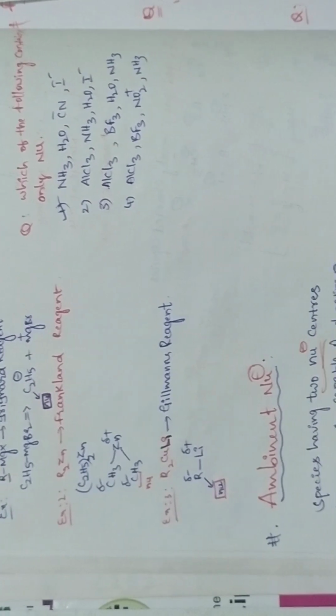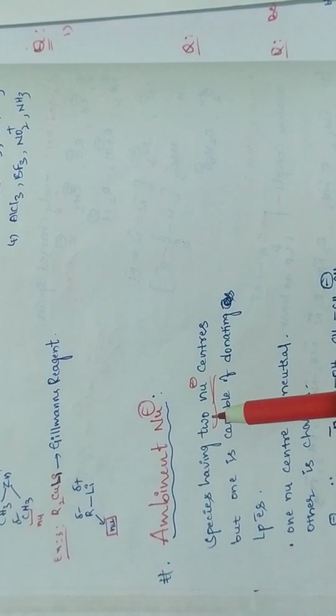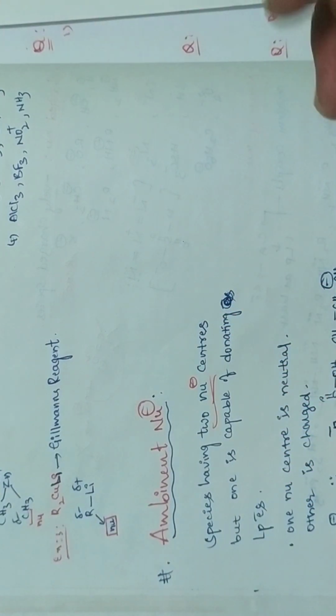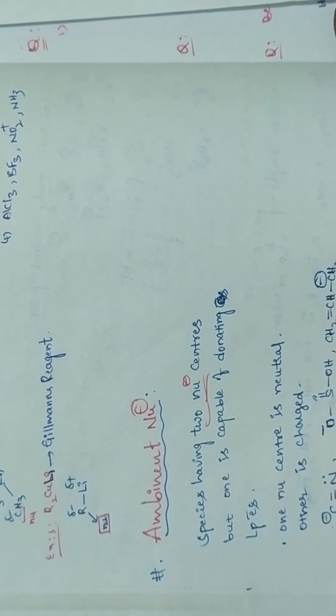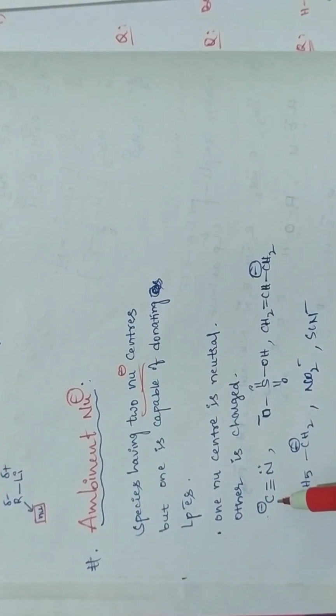Next one is ambident nucleophiles. What are ambident nucleophiles? A species having two nucleophilic centers, but only one is capable of donating a lone pair of electrons, is called an ambident nucleophile. In ambident nucleophiles, one nucleophilic center is neutral, the other one is charged. For example, cyanide.